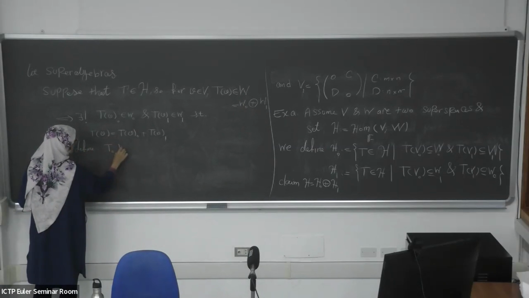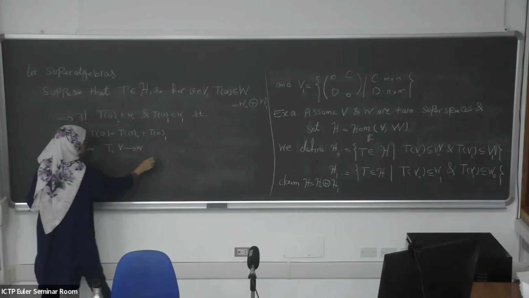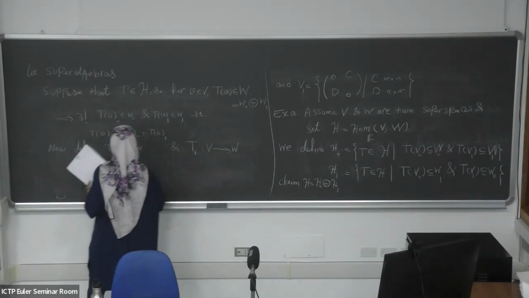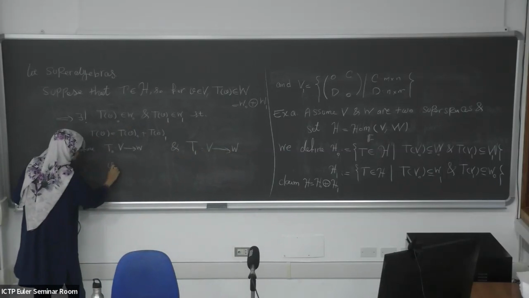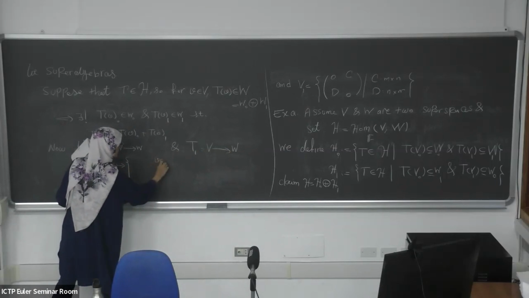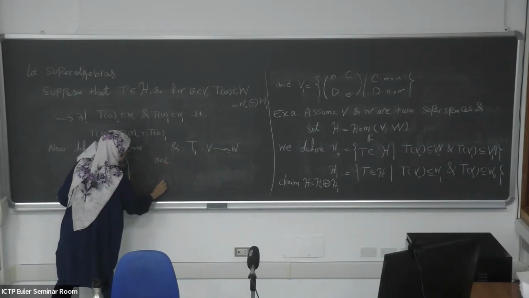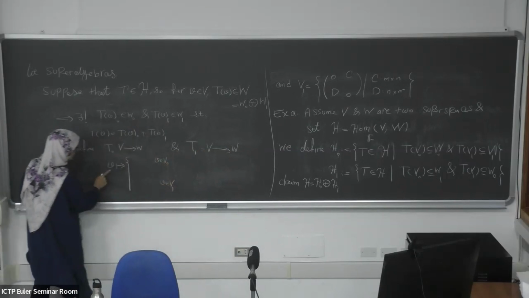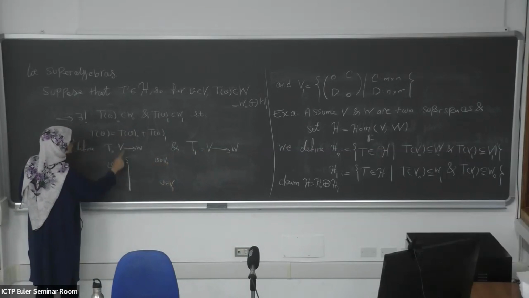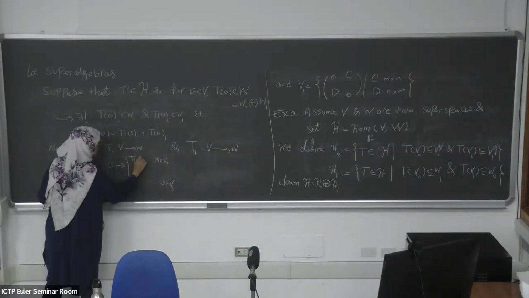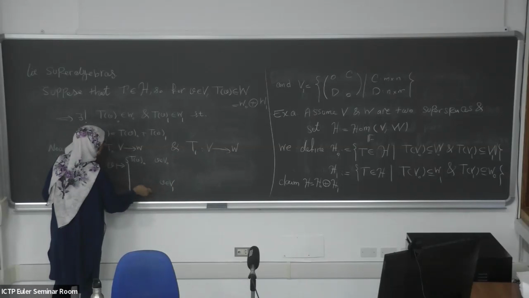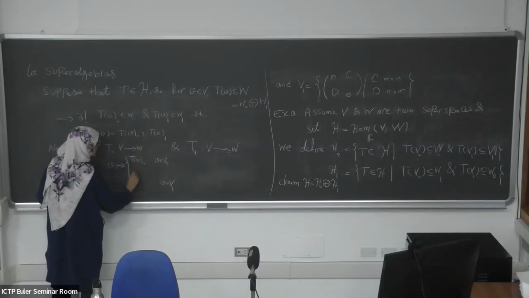Now define T0 from V to W and T1 from V to W. I map v, depending on whether v is an element of V0 or an element of V1. If v is an element of V0, I map v to Tv0. And if v is an element of V1, I map this v to Tv1.